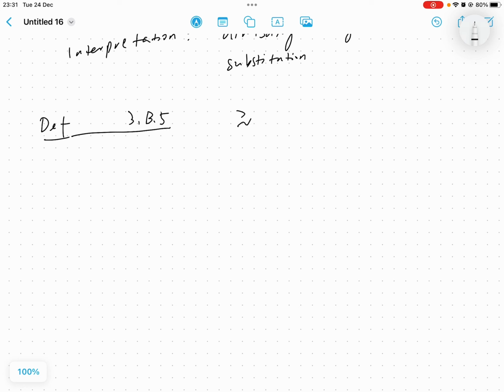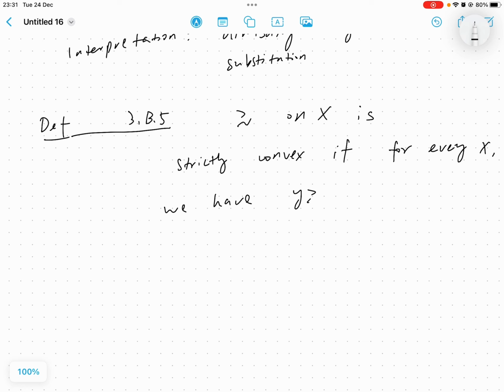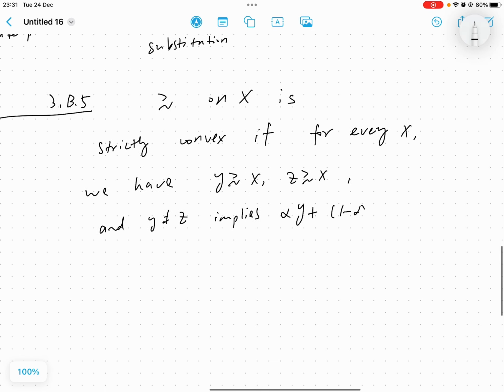We say that the preference relation on X is strictly convex if for every element little x in big X, whenever two different points y and z are weakly preferred to x, the convex combination is strictly better than x, for all alpha.